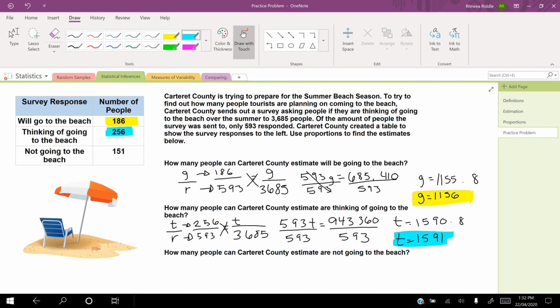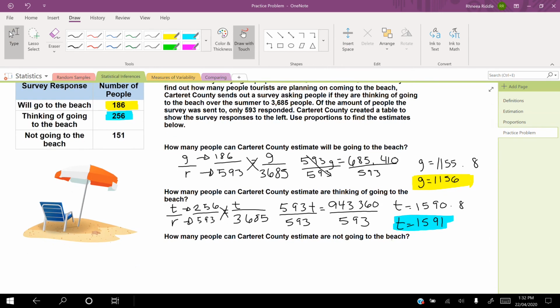3,685. So our last question asks us, how many people can Carteret County estimate are not going to the beach? So out of all the people we asked, how many of them are not going to go to the beach? So it says on our survey response table that 151 people said they are not going.